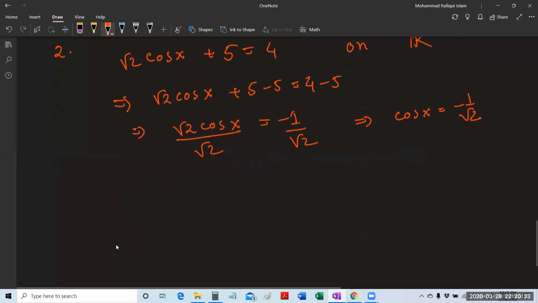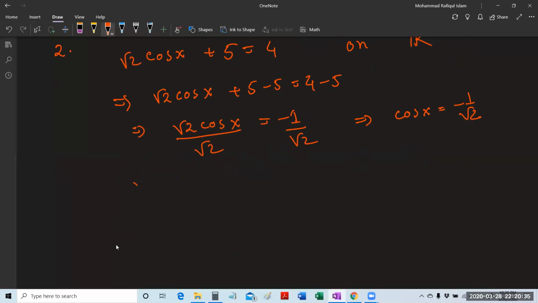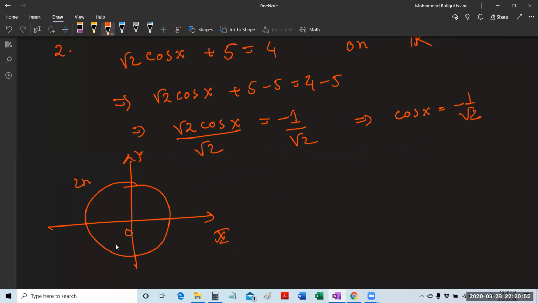So one more time, if we look at this unit circle, we know cosine x is negative in the second quadrant and the third quadrant.